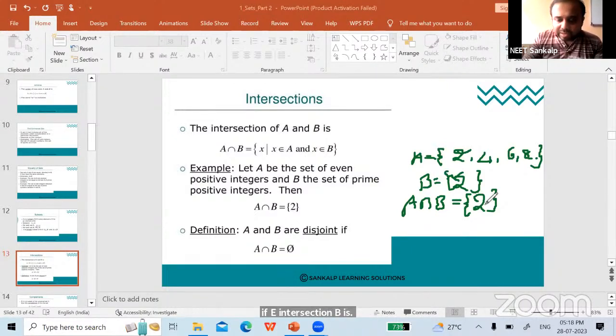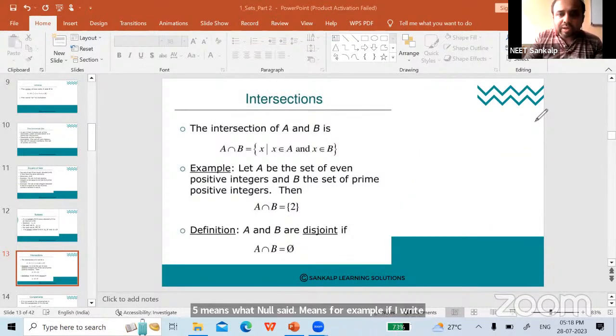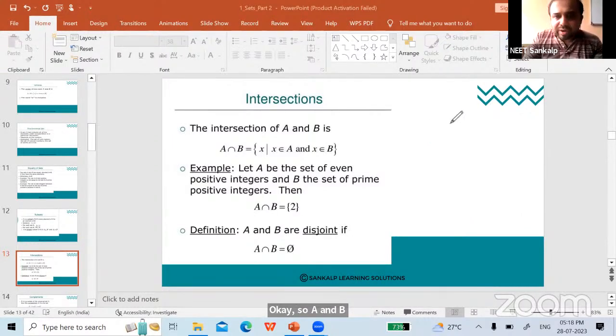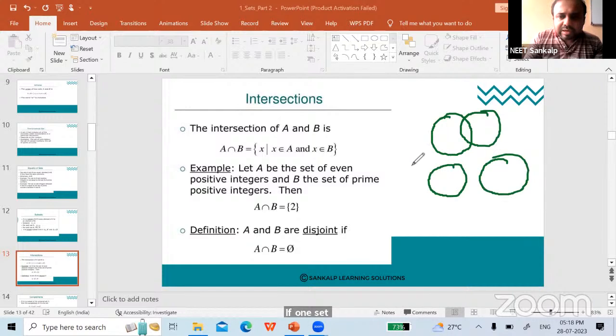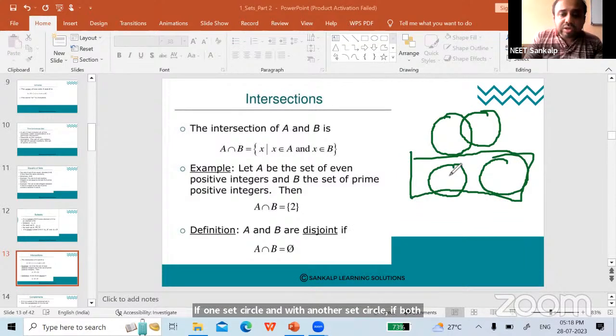Disjoint means they are not intersecting. With a Venn diagram, if one set's circle is not connecting at all with the other set's circle, this is called a disjoint set. If A and B are not at all related, the common set is the null set.